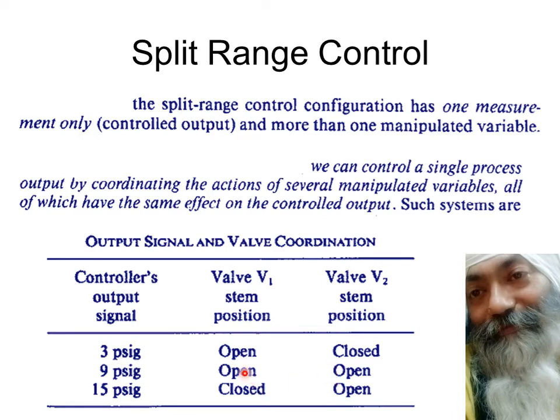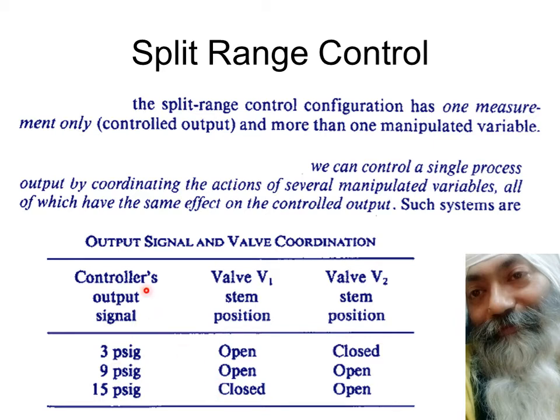But then in the second part of the range of the controller output signal, we start changing the valve V1, and this starts to close. At 9 psi, it is fully open. At 12 psi, it becomes 50% open and 50% closed. And at 15 psi, it is totally closed.